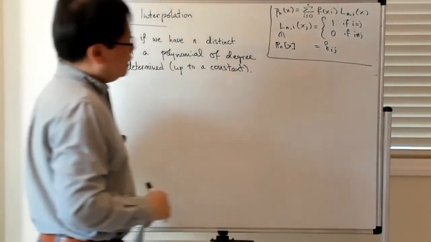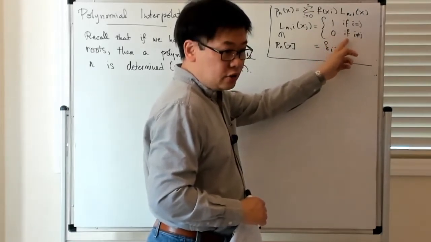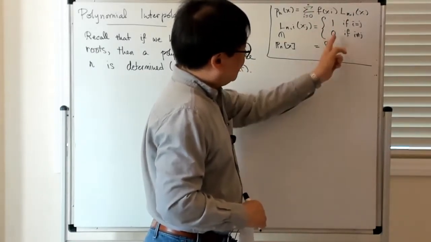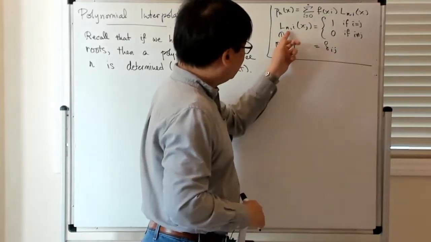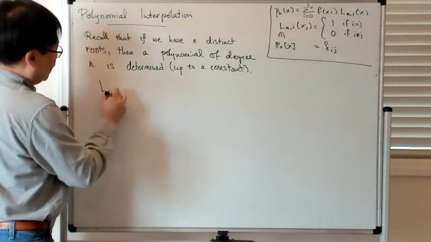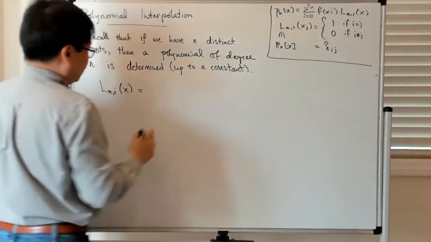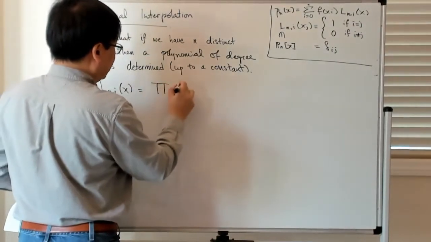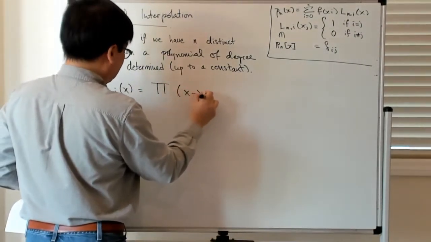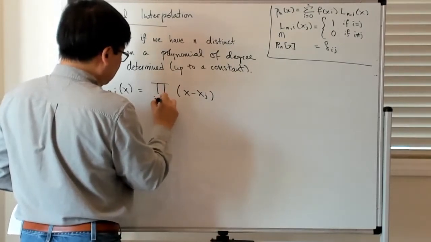If you have n distinct interpolation points, then you essentially know that you have n distinct roots of this Lagrange polynomial. So that tells you that L_ni of x is equal to the following. It's the product of a bunch of linear terms, x minus x_j, for all j not equal to i.